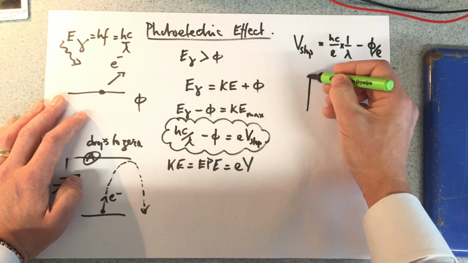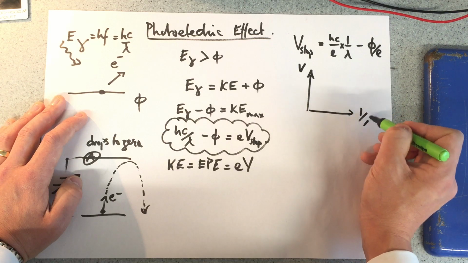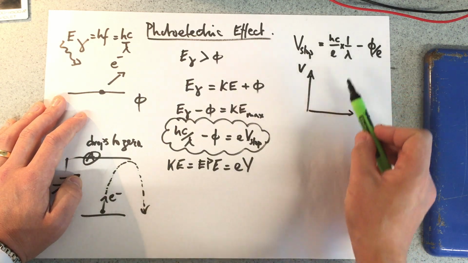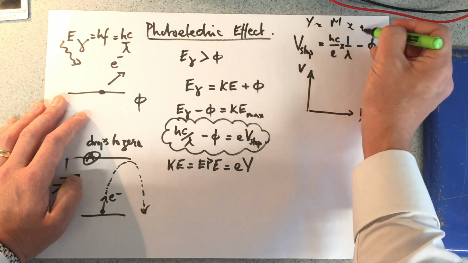So if I were to plot my stopping potential against 1 over lambda, then what would I have here? Well, it is an equation of a straight line, y equals mx plus c.